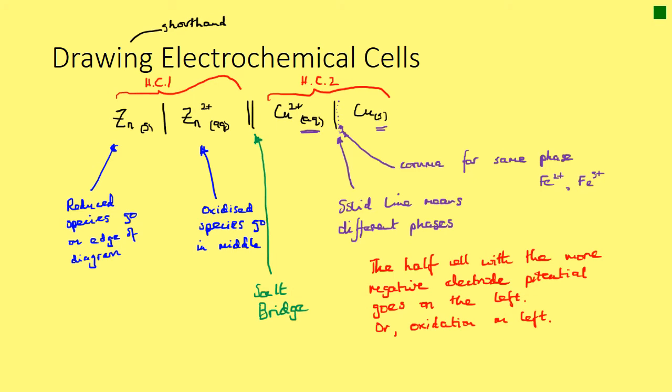And so the rule is that the half cell with the more negative electrode potential goes on the left.